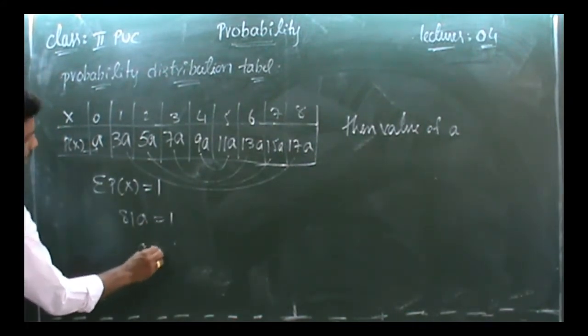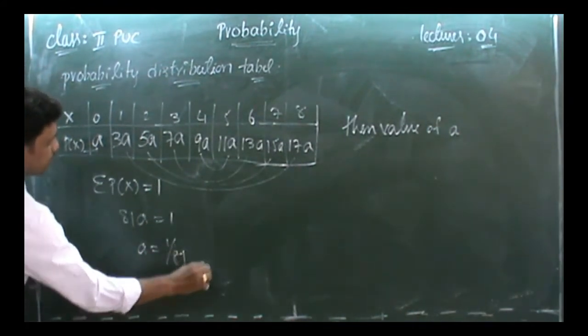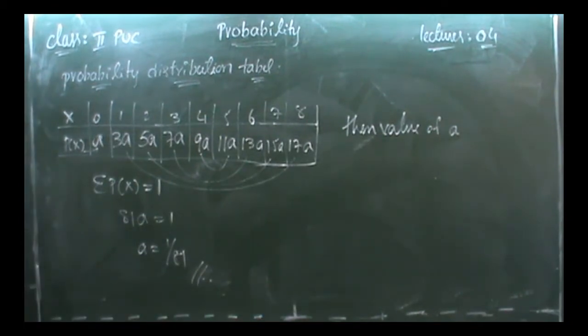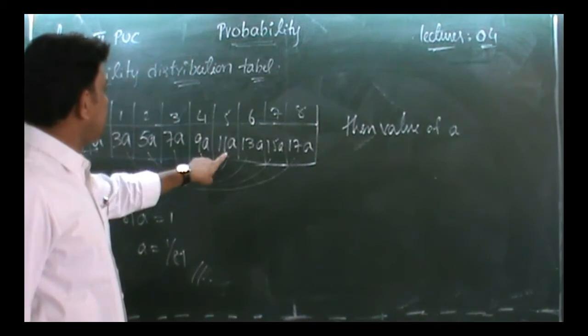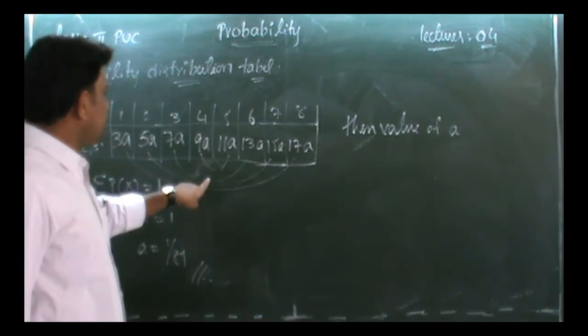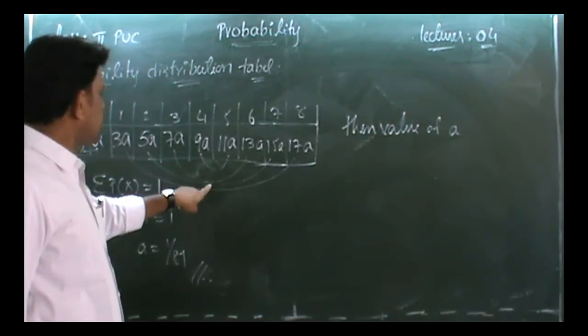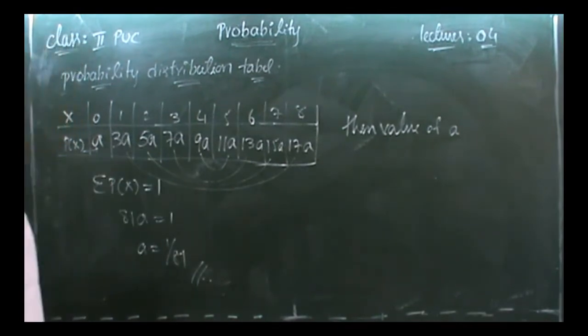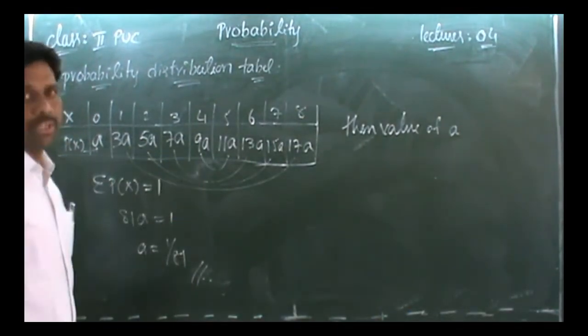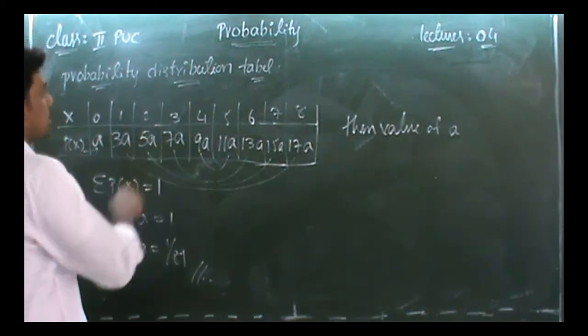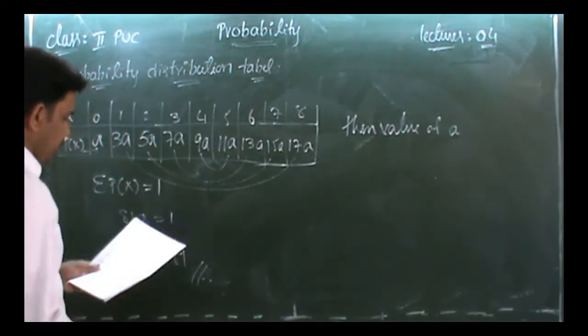Then what is the A value? A value is 1 by 81. Summation of all these events is equal to 1. So this is called the probability distribution table points.